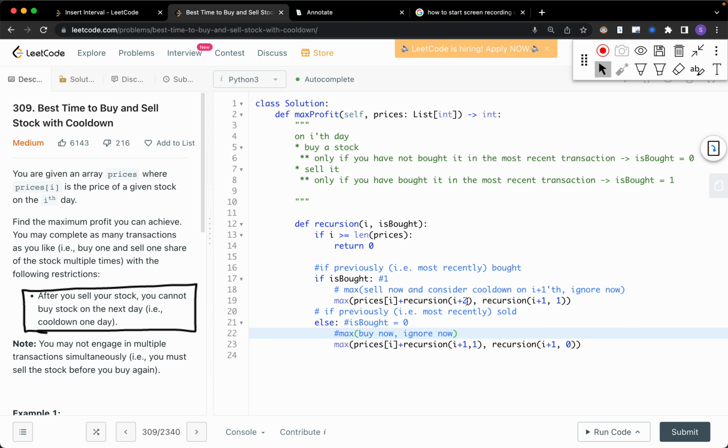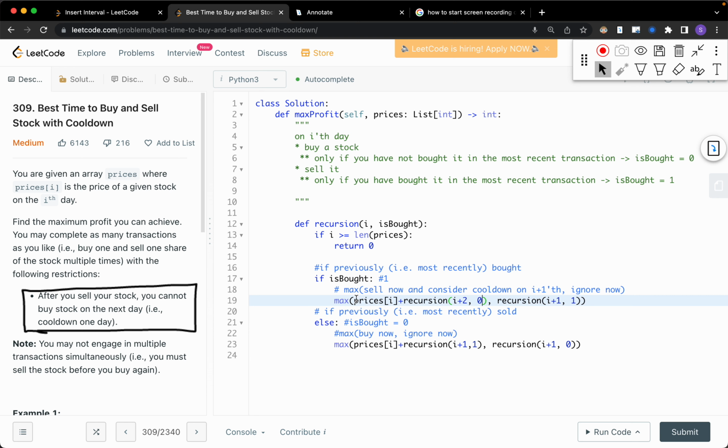And okay, sorry, I also forgot to update our values here. In this case, if we sell on the current day, then we have to update our isbot to 0, right? Because we have sold it. So now we are updating the isbot value to 0. Then we can recurse into the future days knowing that we have not recently bought it, but we have sold it.